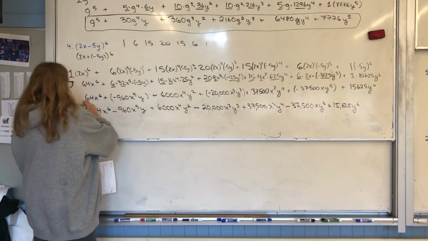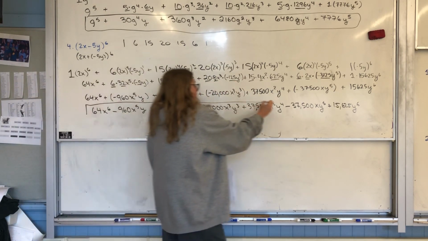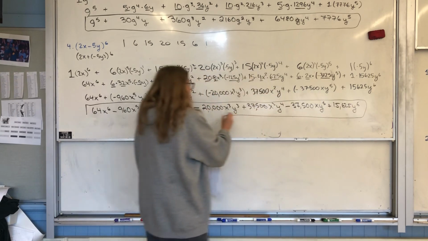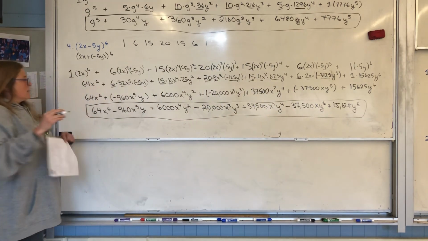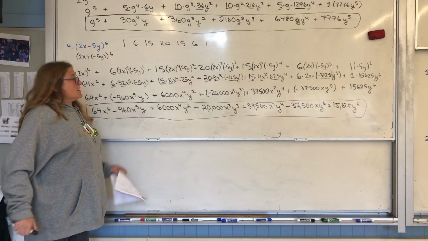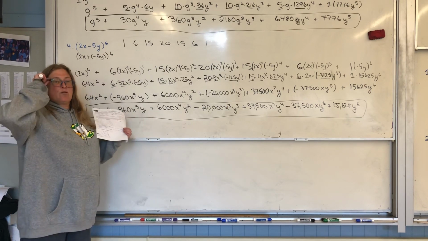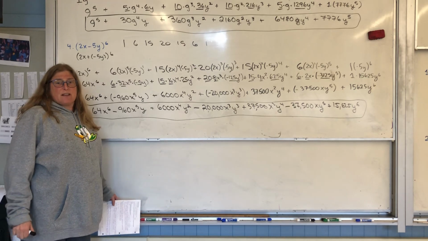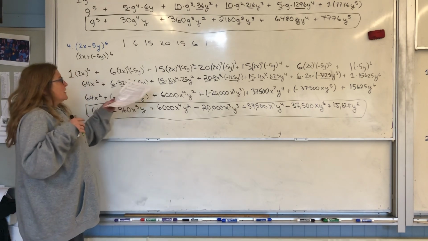Phew! That is intense. So that is how I expand binomials. This is tricky, right? So I suggest you watch this maybe a couple times just so you can really see each step.